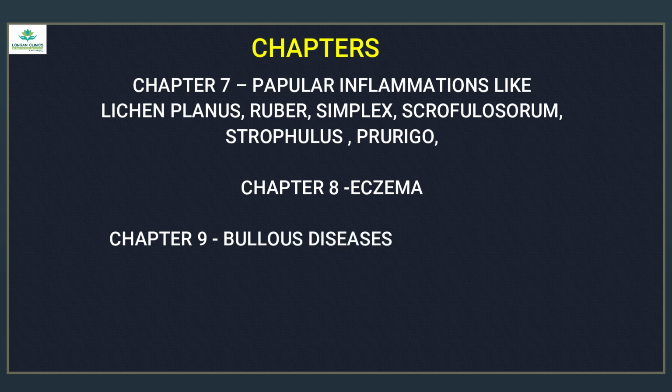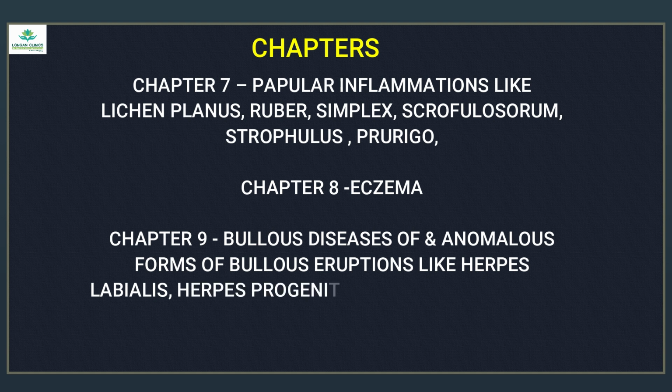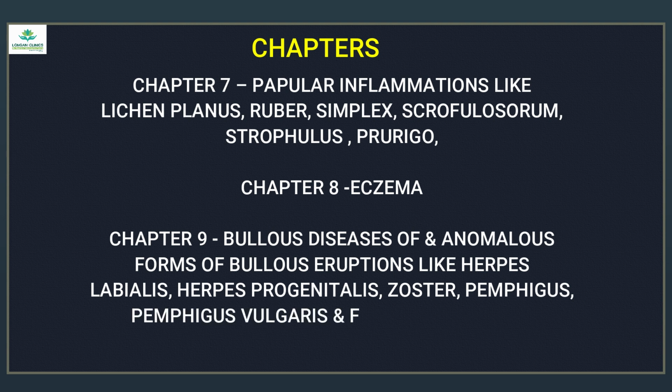Then chapter 9, bullous diseases and anomalous forms of bullous eruptions like herpes labialis, herpes progenitalis, zoster, pemphigus, pemphigus vulgaris and foliaceus. Then comes the hydroa.